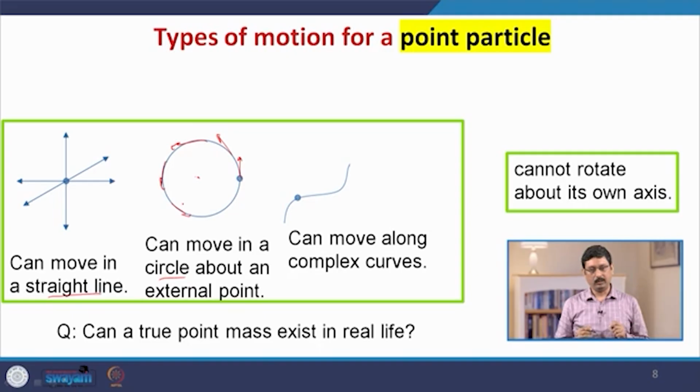What about the magnitude? The simplest case, perhaps, is when the magnitude of the velocity is not changing. That is possible when it moves along a straight line. It is also possible when it moves along a circle. So, the magnitude is not changing, but the direction is continuously changing. The velocity has two aspects, the magnitude and the direction.